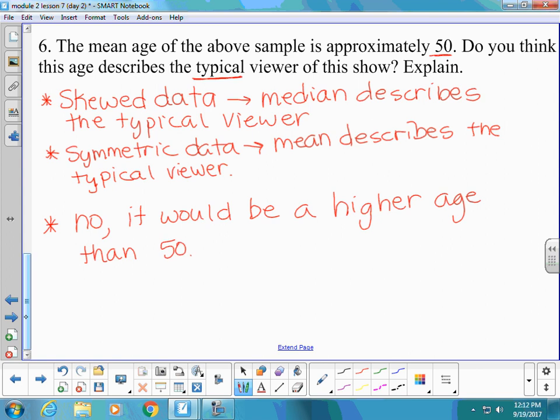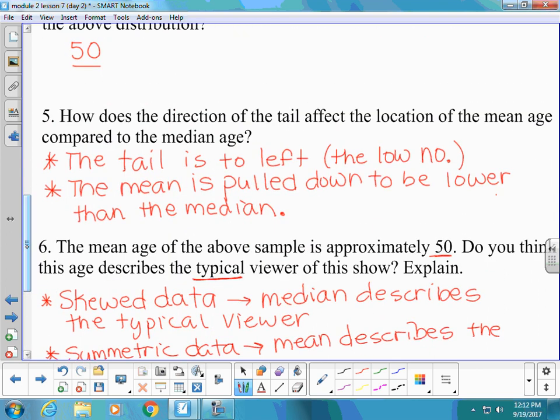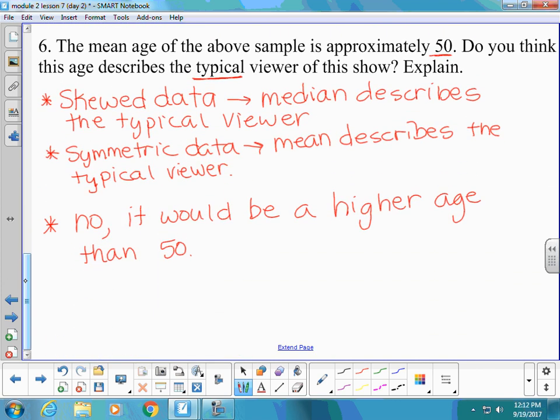The reason it would be higher is because of this question up here, that the median is actually going to be a higher age than the mean age, because the mean is being pulled down by the tail, because the tail is going off to the left. And that's really important that you understand that.